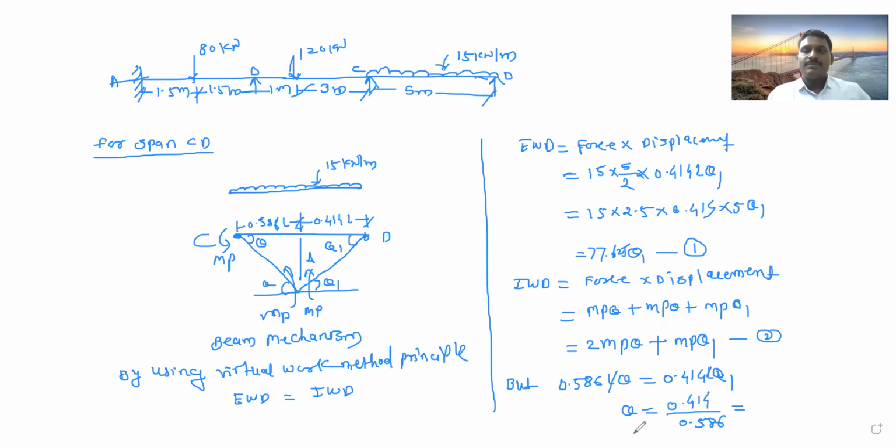So how much theta? 0.706 theta 1. So theta value will be 0.706 theta 1.